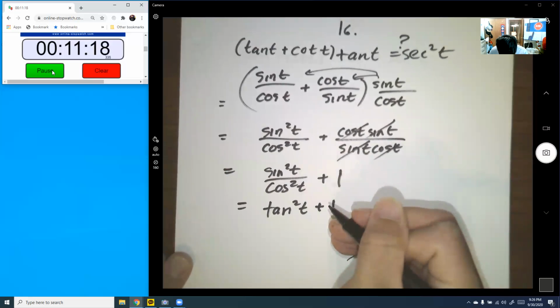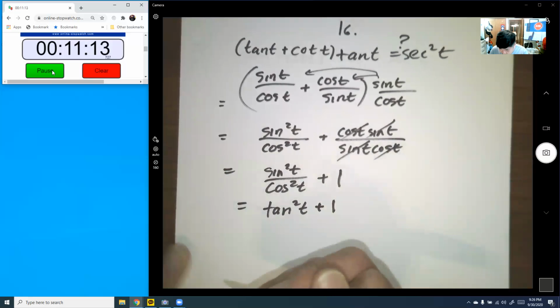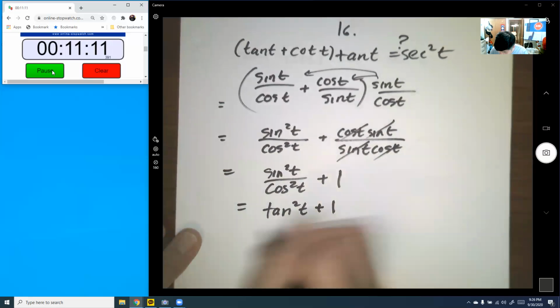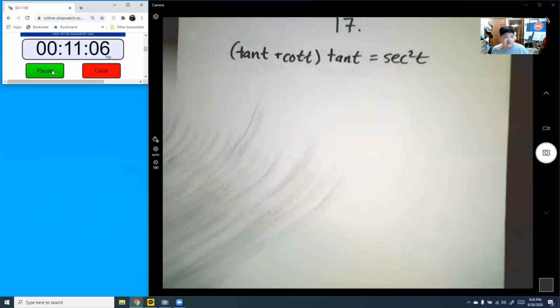This is one of the Pythagorean identities, which you should know, and it is equal to secant squared t. So that one is verified.